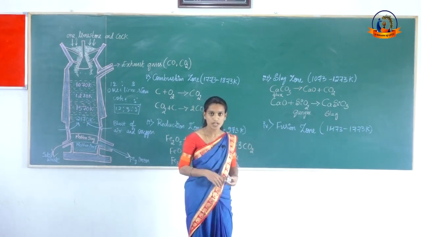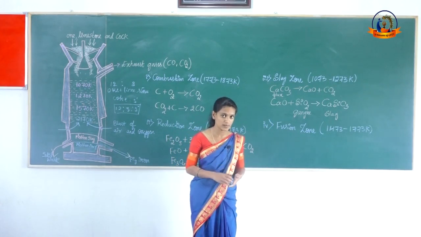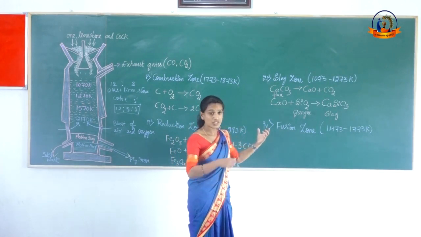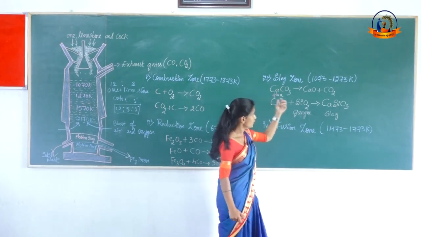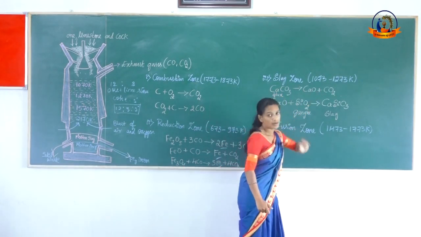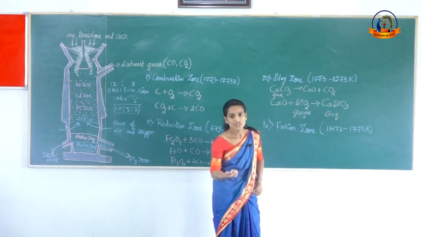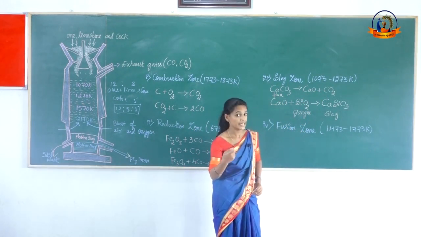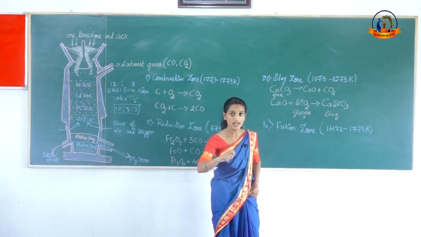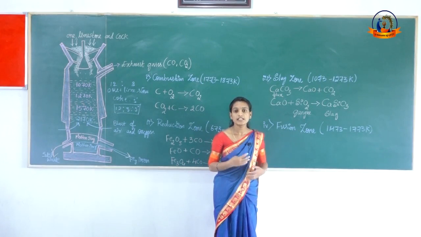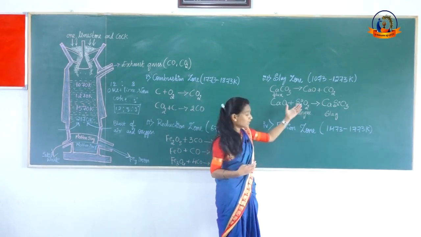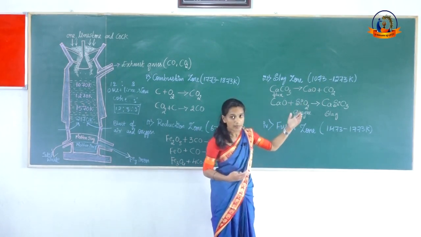When you apply heat, the decomposition reaction takes place, and the calcium carbonate is converted into calcium oxide and carbon dioxide. This is the decomposition reaction when you apply heat and temperature. When the temperature increases, the calcium carbonate starts to decompose and converts into calcium oxide and carbon dioxide.